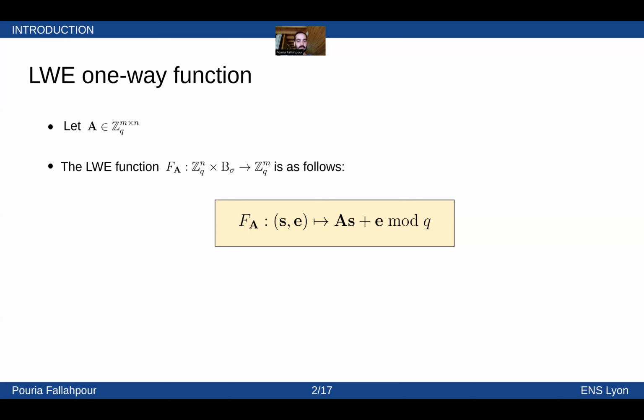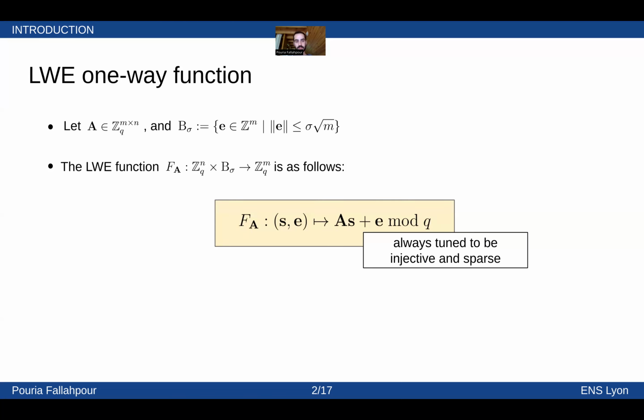So s is an n-dimensional integer vector, e is an m-dimensional integer vector, and e is chosen to guarantee that this function is injective and sparse. So the domain of e is limited.